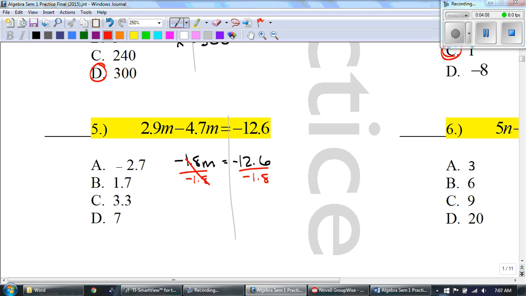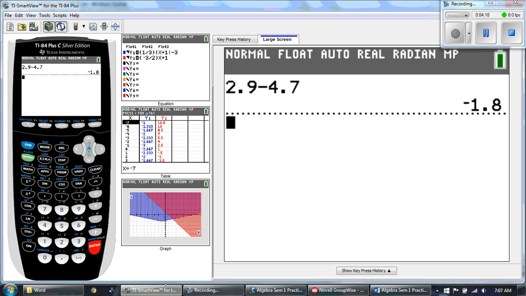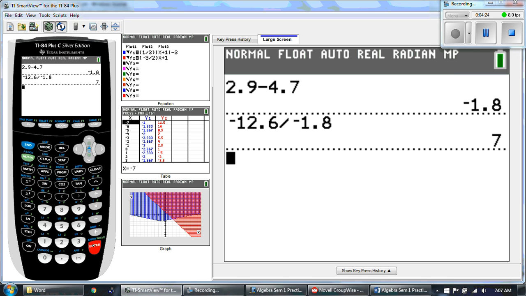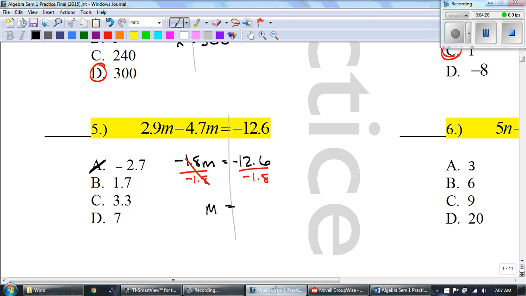A negative divided by a negative is a positive, so I'm going to cross a out right away. And then let's figure out what we get. Negative 12.6 divided by negative 1.8, and we get 7. So D is our answer.